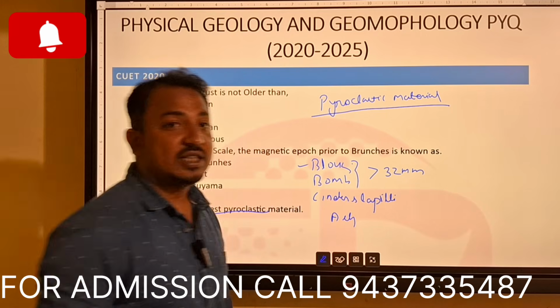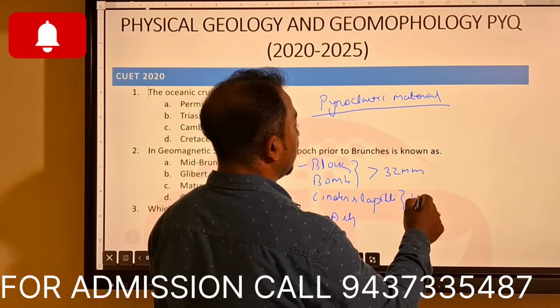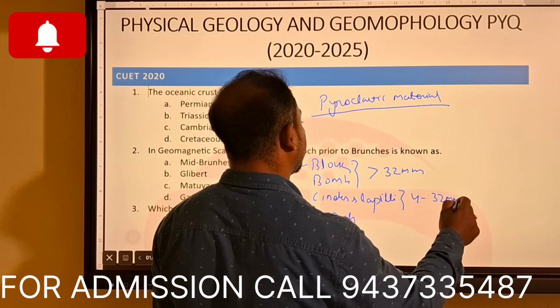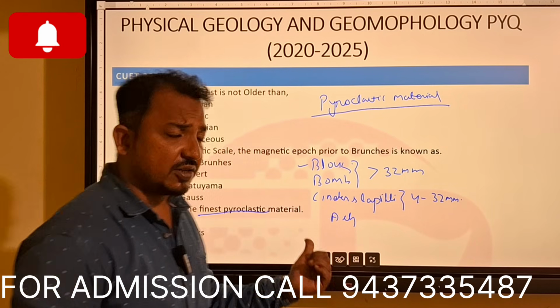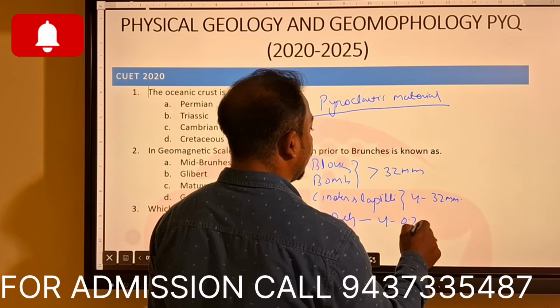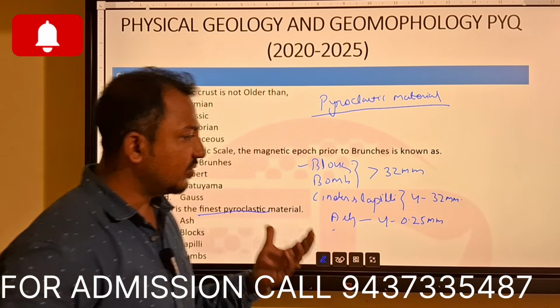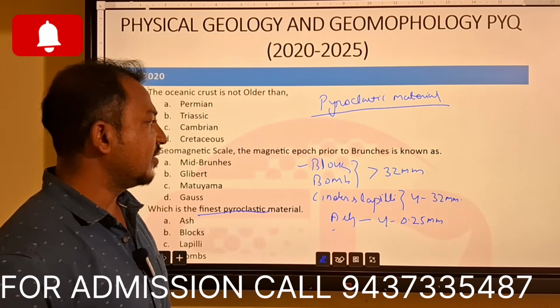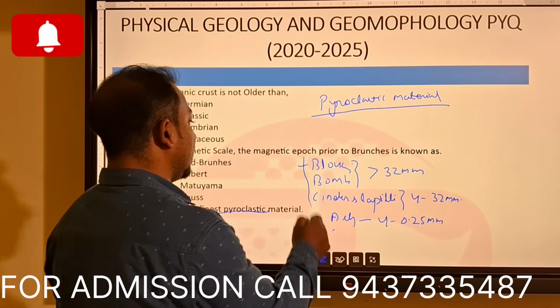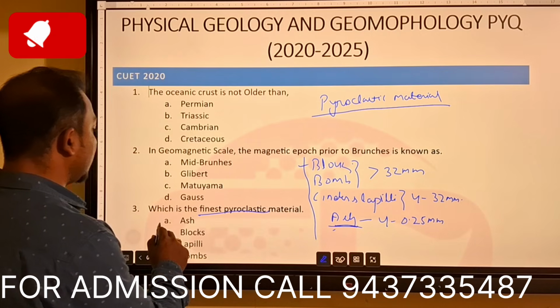Block is angular in shape and bomb is rounded in shape. Cinder and lapilli are between 4 to 32 mm, where cinder is vesicular and lapilli is non-vesicular. Then ash is 4 to 0.25 mm, and there is also fine ash, less than 0.25 mm in size. So among these four, ash is the smallest. So the answer will be ash.